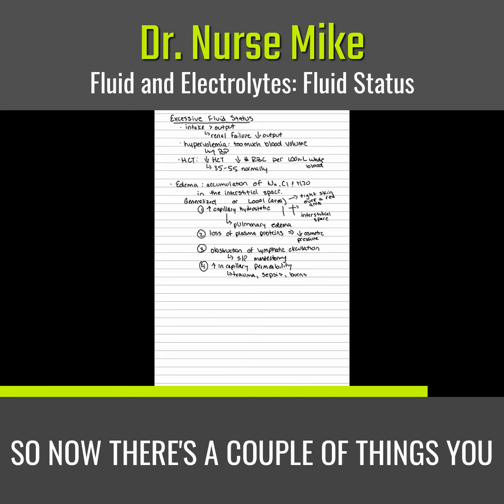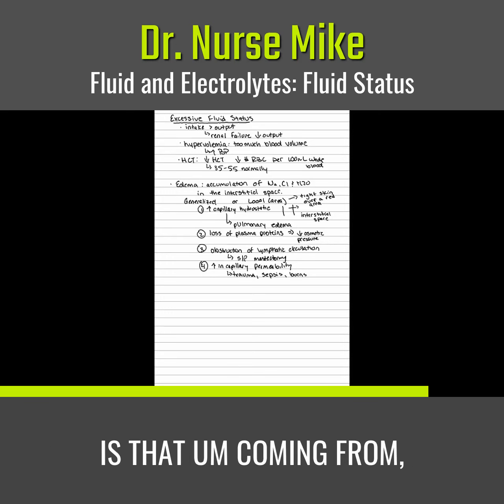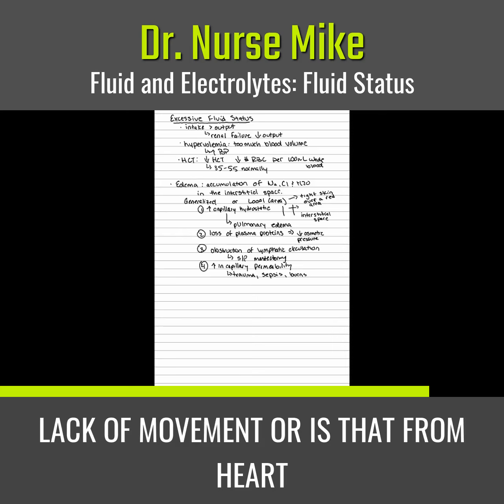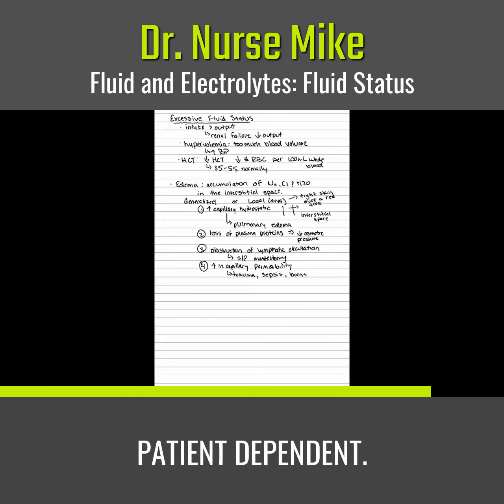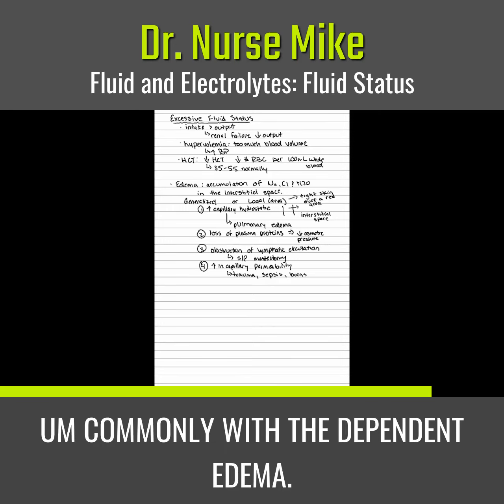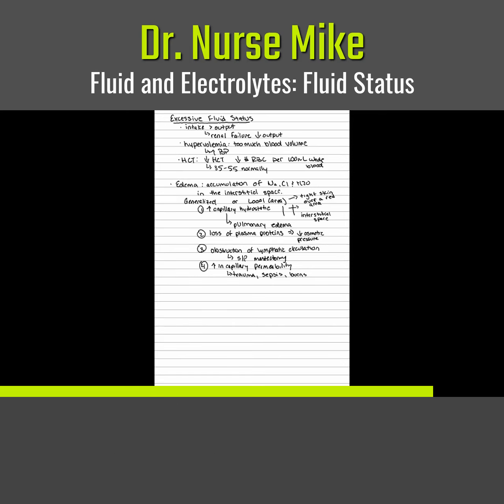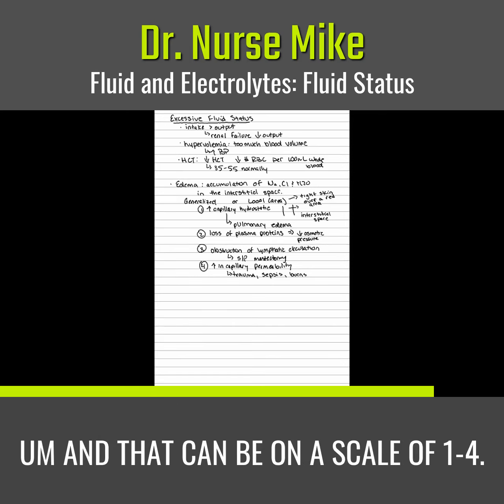Now there's a couple things you need to think about with that. Is it coming from lack of movement, or is it from heart failure? Those are going to be patient dependent. Commonly with dependent edema, you will see pitting edema as well, and that can be on a scale of 1 to 4.